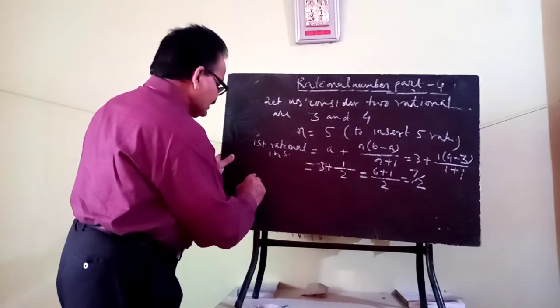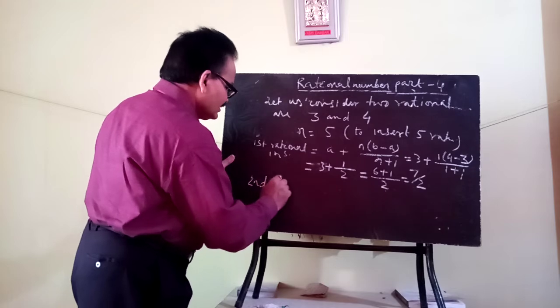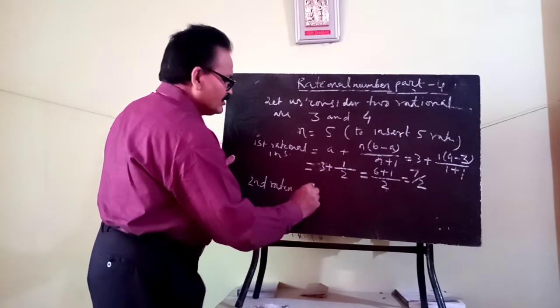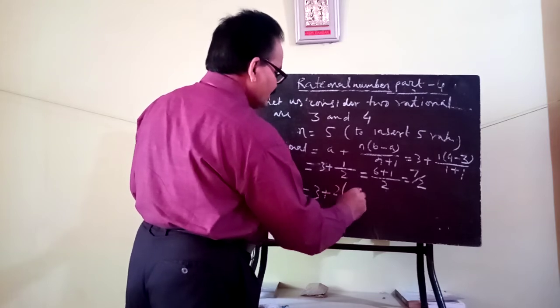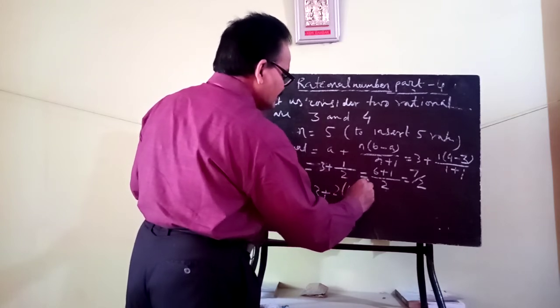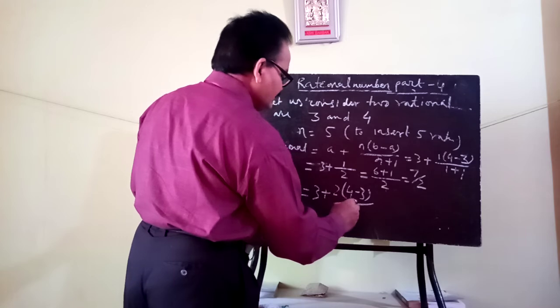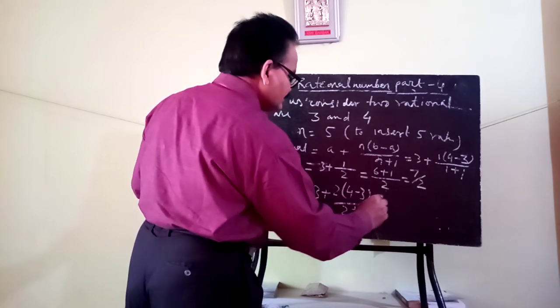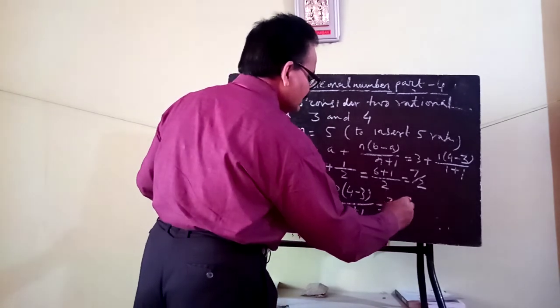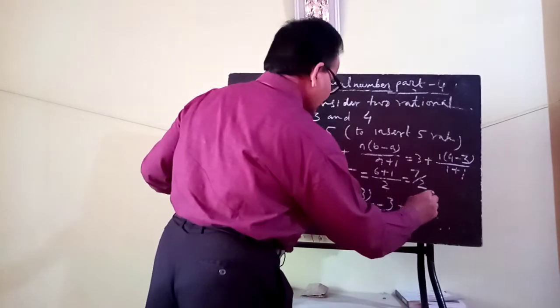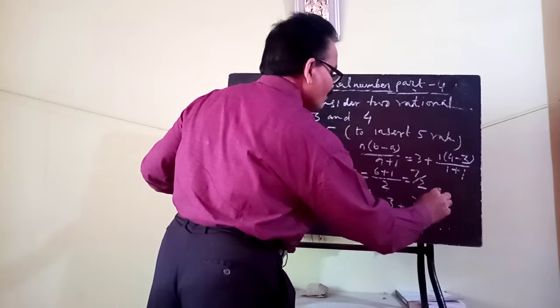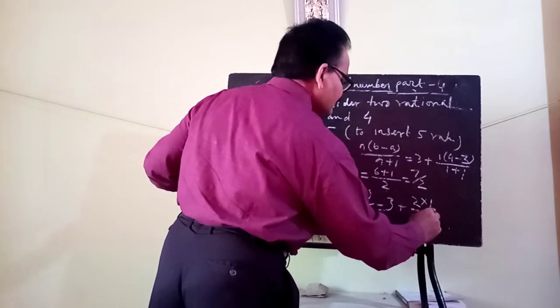Now second rational, put your n equal to 2, this is 3 plus 2 into (4 minus 3) by (2 plus 1), so that means 3 plus 2 into 1 by 3.